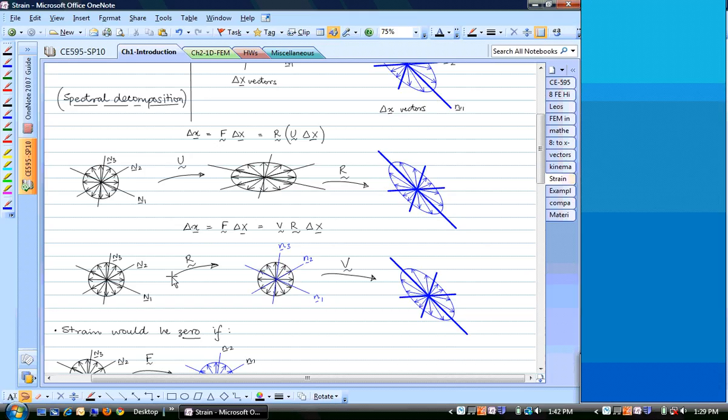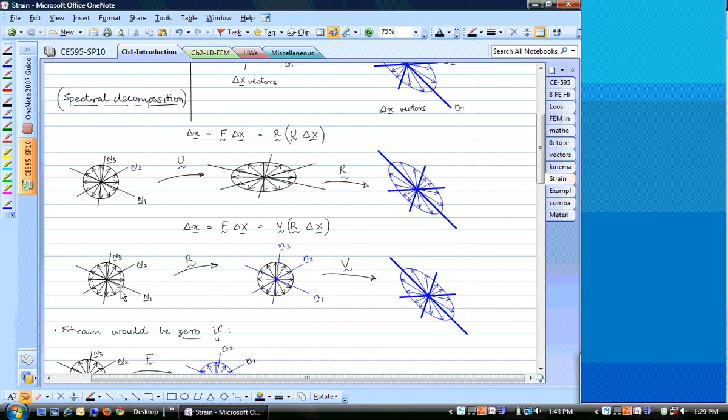left deformation. So if you say that F is equal to V times R, then again if we combine these two, then what we are saying essentially is that we are going to take all these small delta x vectors and apply a rigid body rotation to that. So if we take a sphere and we apply a rigid body rotation to it, it stays a sphere, right?